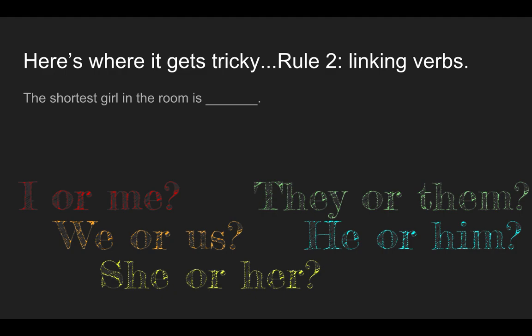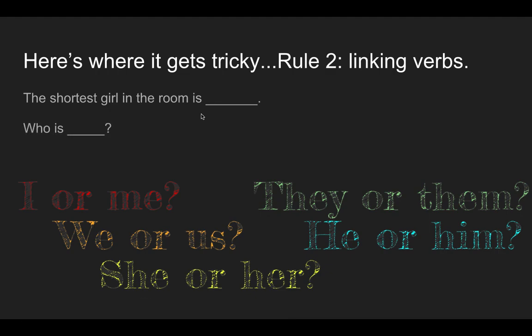So, the shortest girl in the room is I. Those are linked together. They're being the same. The shortest girl in the room is she. Now, again, your ear's not going to pick that up because a lot of times people say this wrong, but if there's a linking verb like is, then you have to use a subject pronoun.